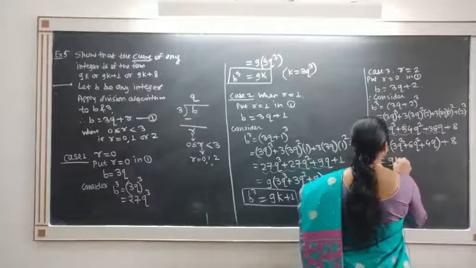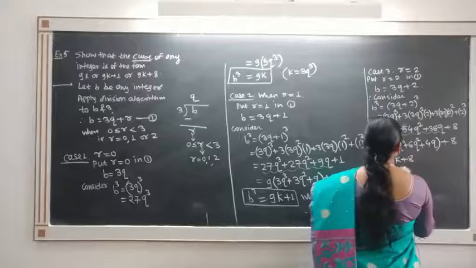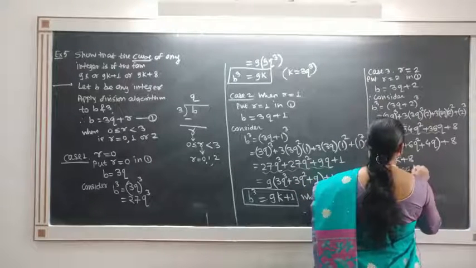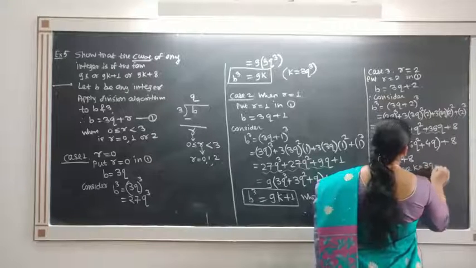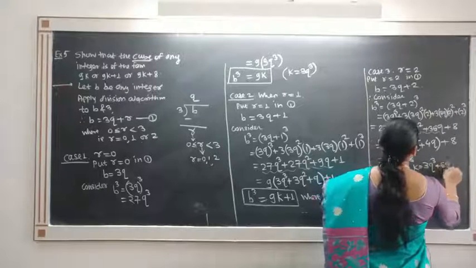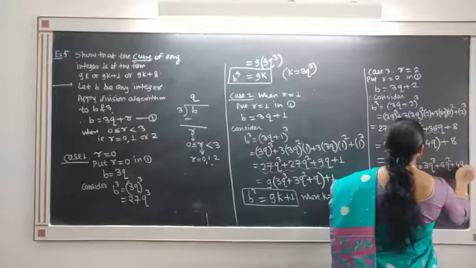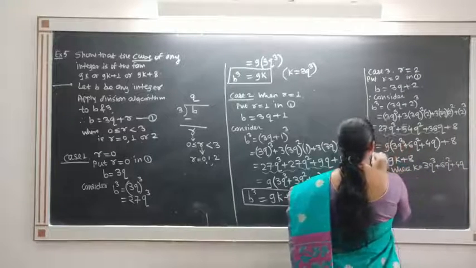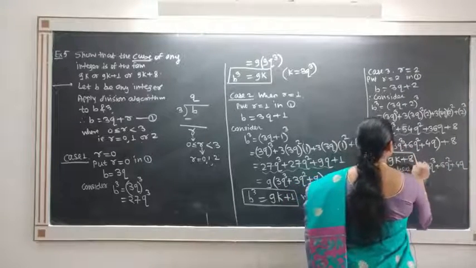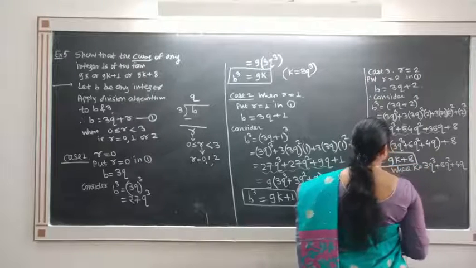Observe that this is 9k plus 8, where k is equal to 3q cube plus 6q square plus 4q, which is again an integer. So here also b cube is of the form 9k plus 8.